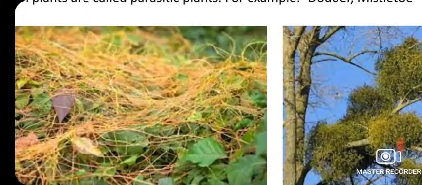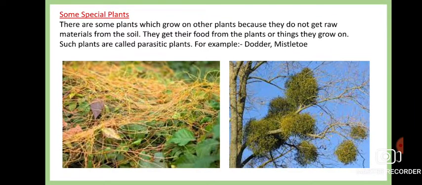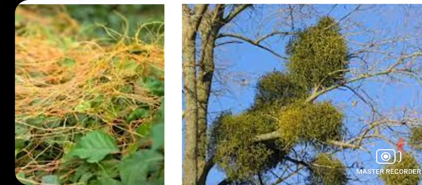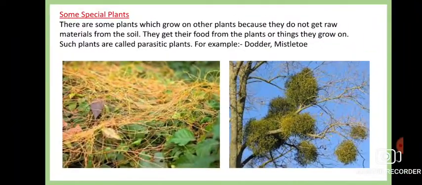You can see there are some plants which have grown on some other plants because they do not get the raw material required for their nutrition from the soil. So they get their food from the plants they grow on. Suppose they are growing on this area, so they will get the nutrition from this.